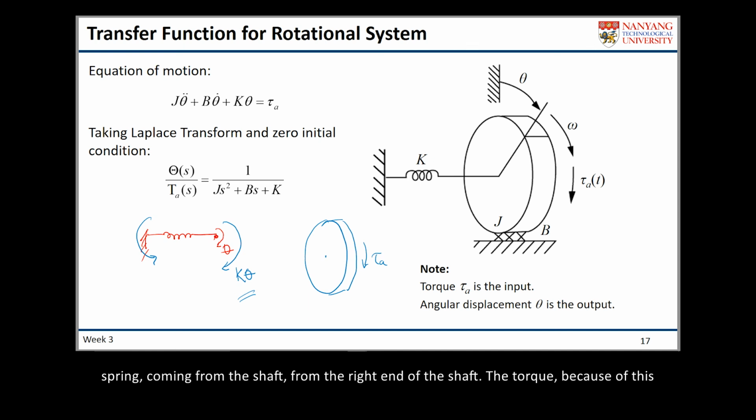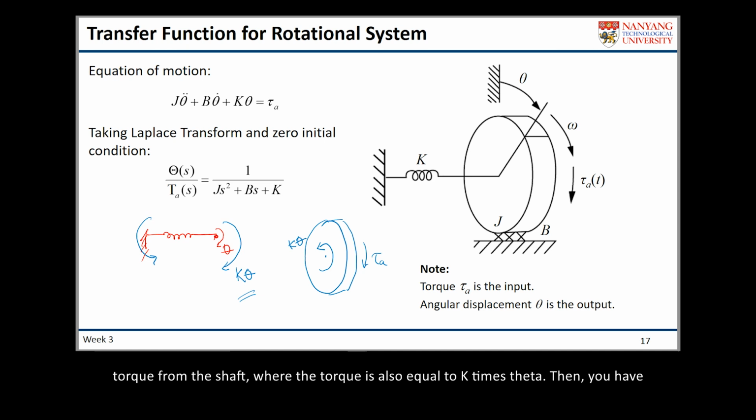The torque from the shaft will be equal to K theta, but the direction will be the opposite. Why? Because of the reaction of the torque. So to this disk, there will be a reaction torque from the shaft, which is equal to K times theta.